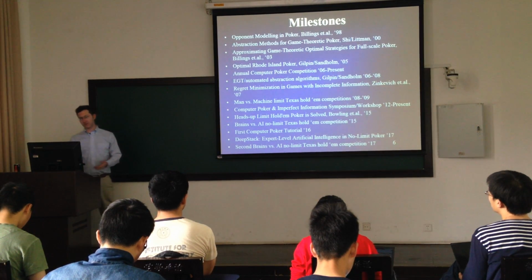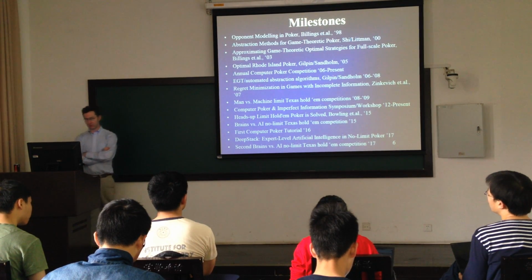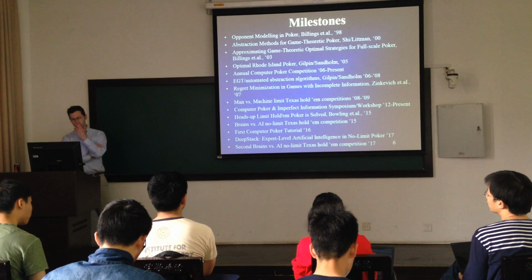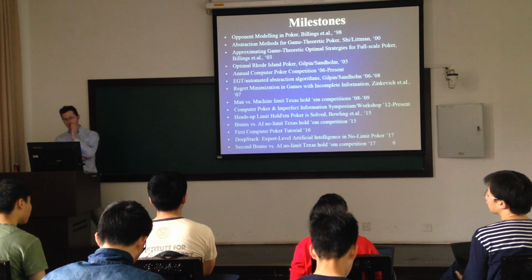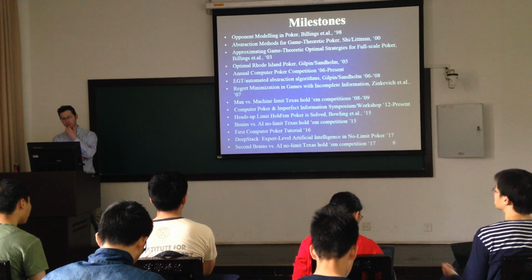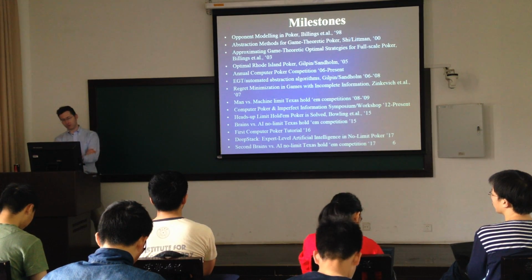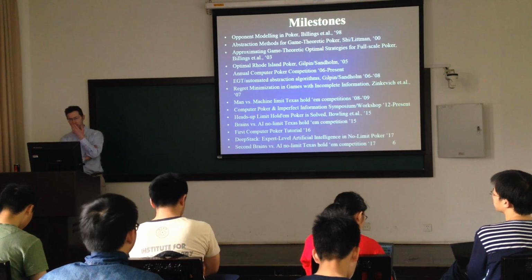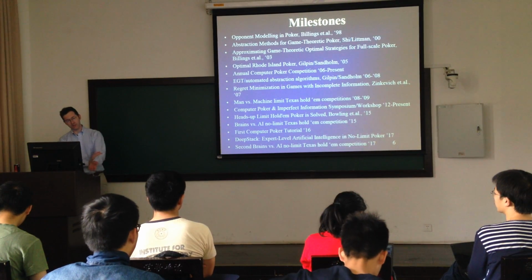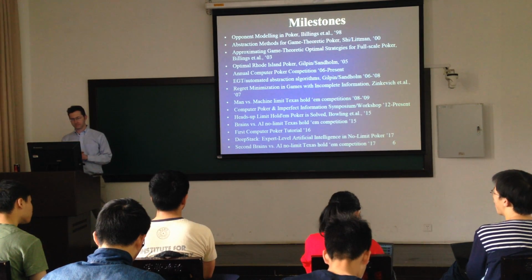In addition, in '07, there was this algorithm developed at the University of Alberta called counterfactual regret minimization, which I'll talk about more in a little bit. This has actually become the main algorithm used since then by all the strongest agents for poker and for large imperfect information games. It's been applied also to security and medicine. It was developed in '07 and pretty much has been the main algorithm used currently.